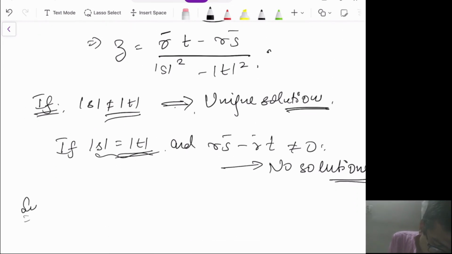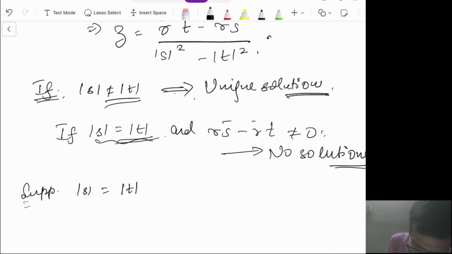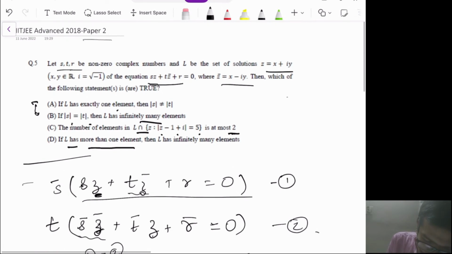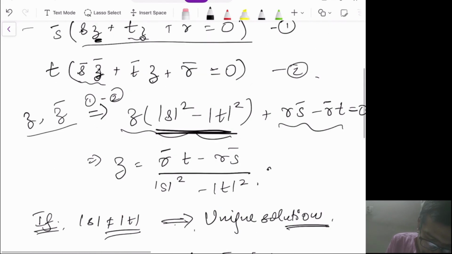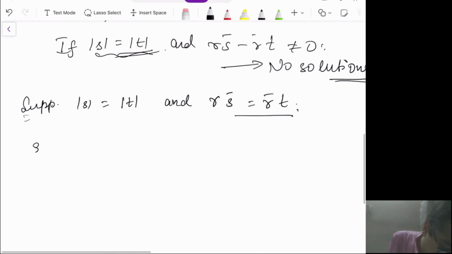So suppose |s| equals |t| and say r s-bar equals r-bar t. Okay, so let's see what happens here. This is the only case which is remaining. So here I have sz plus t z-bar plus r equals 0.